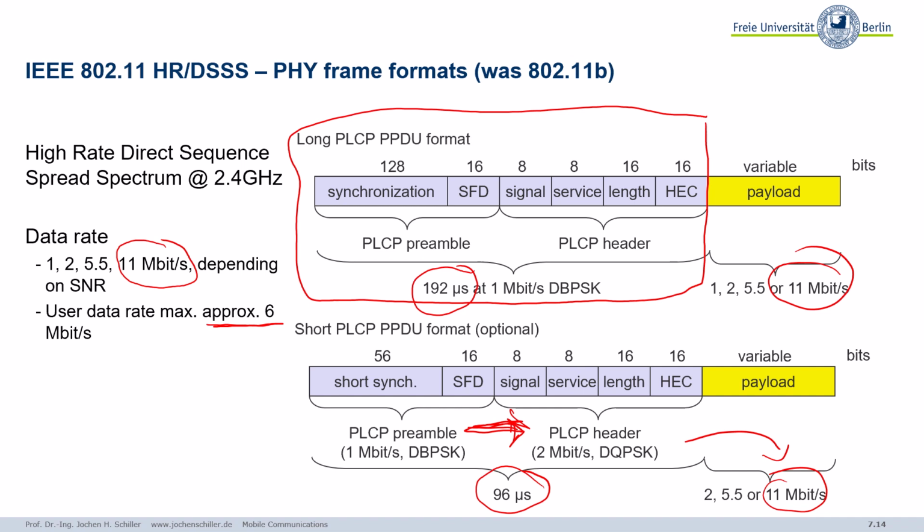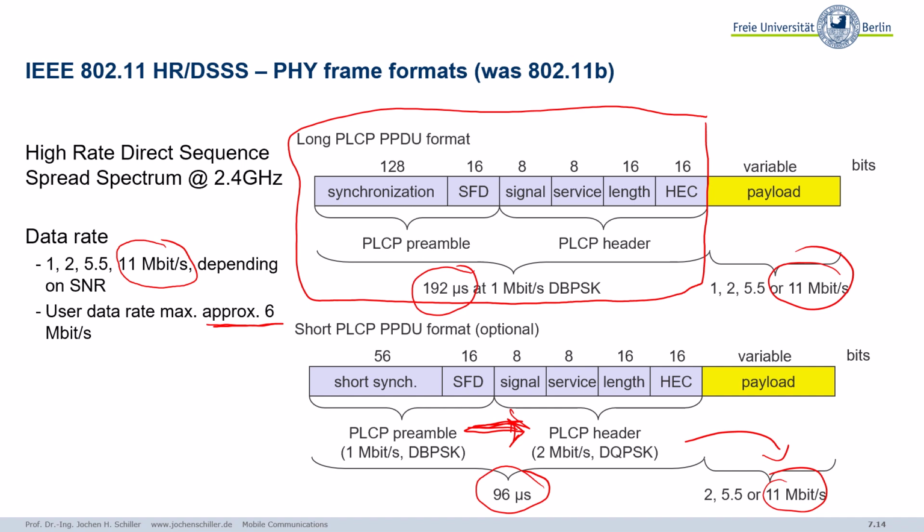And we are not yet talking about collisions in the medium, interference, etc. So even without interference, the data rate of those 11b systems will never reach the 11 megabit. Okay, but that was the starting point, and this was basically the standard that was really widespread.